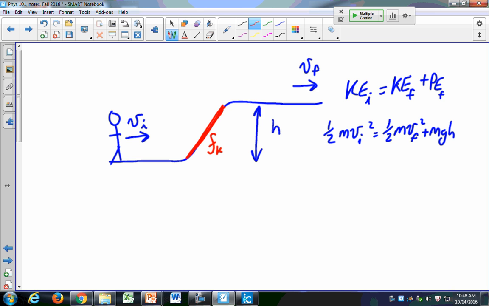This acts over a certain distance, and you can figure out what that distance is using your trig functions. When this frictional force acts over this distance, it does work on the skier, and it takes away energy from the skier. So I'm going to have an extra term here.